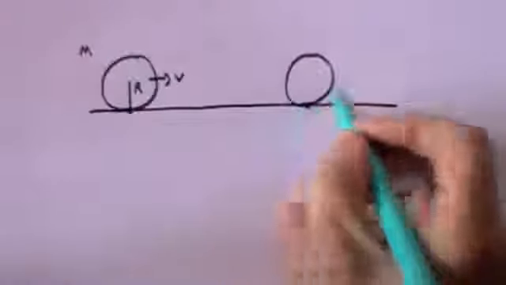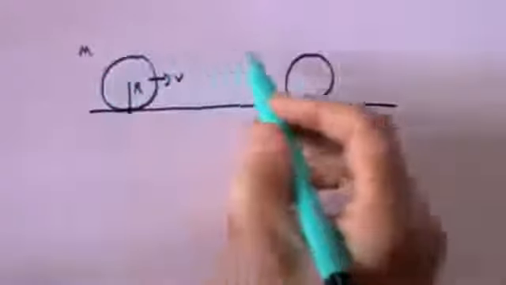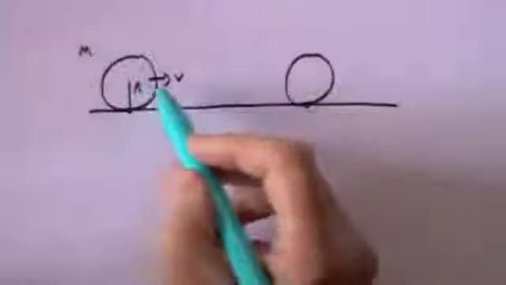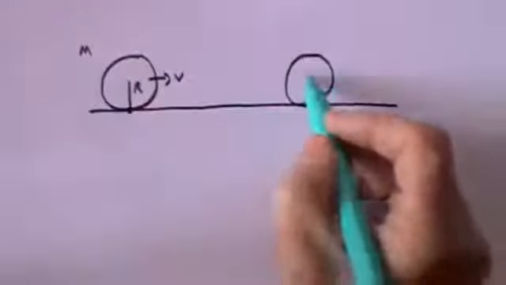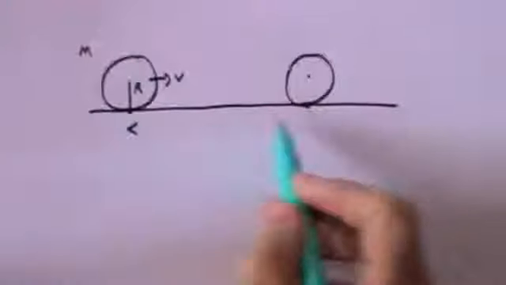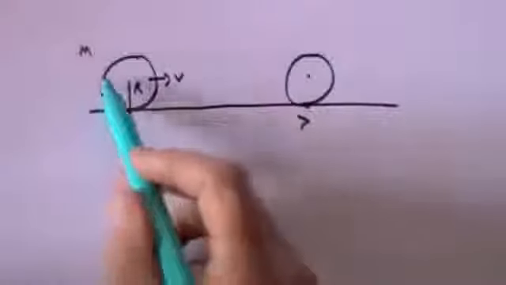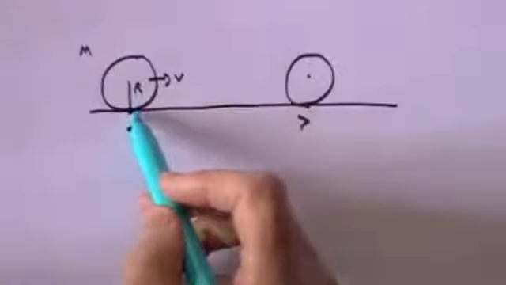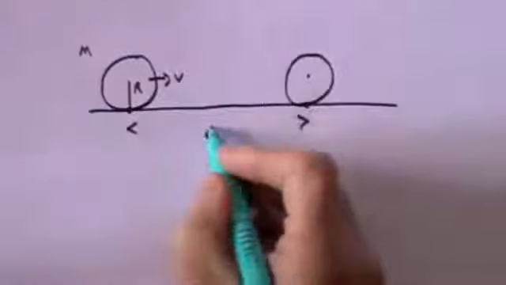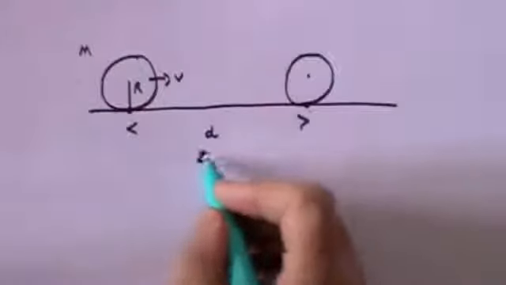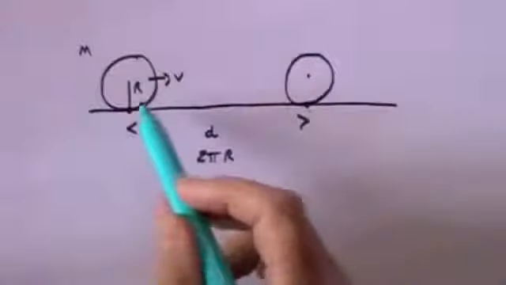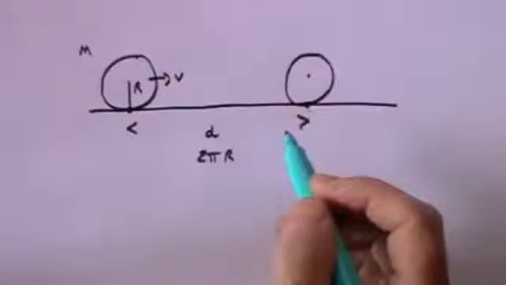So this point has gone all the way around and come back, but the wheel of course has been moving in the meantime. And it will have travelled a distance which of course is going to be equal to the circumference of the wheel. So that distance d is simply going to be 2 pi r, where r is the radius of the wheel.